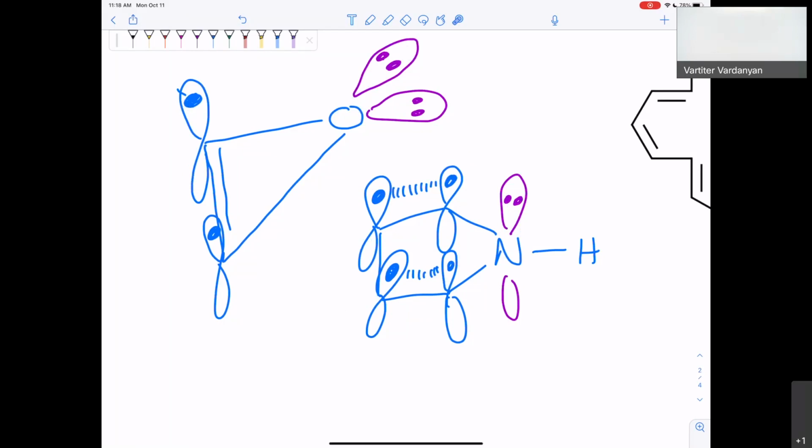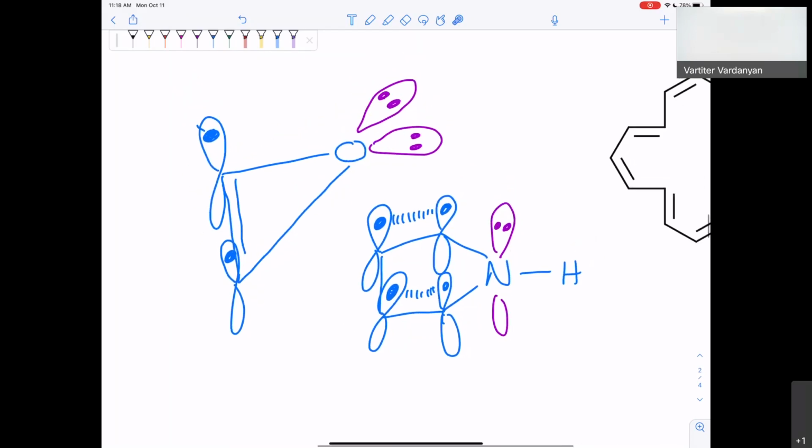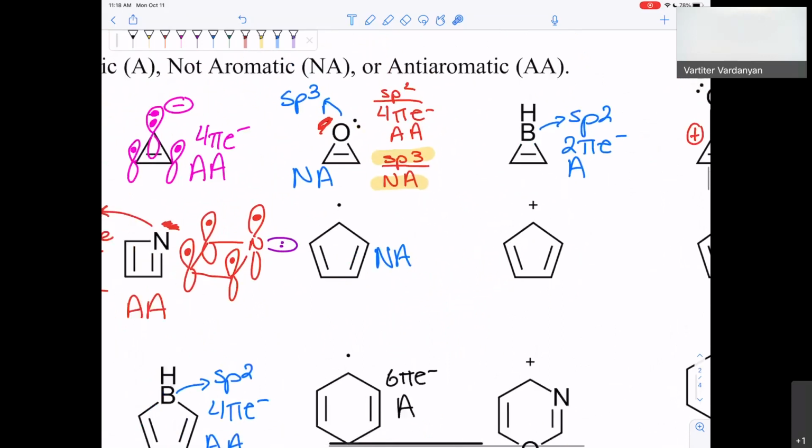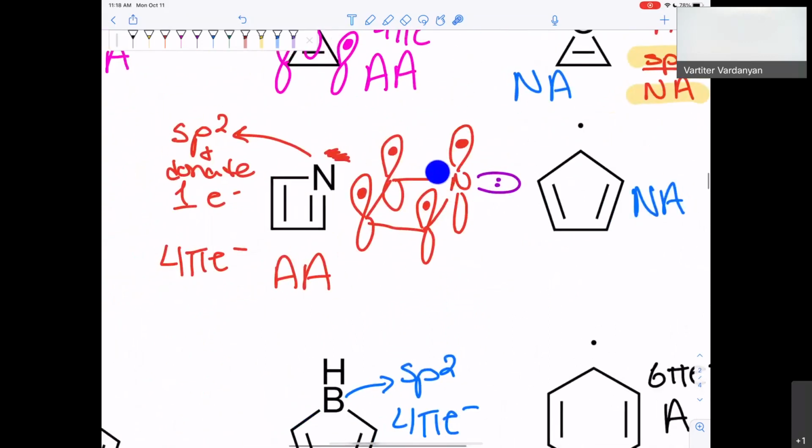If it's double bonded into the ring, it doesn't have a choice anymore because this orbital is part of a double bond. So let me just draw out. This essentially just means that it's double bonded. So this is stuck. It can't move this orbital whatsoever. And then this orbital is stuck being flat. And since it's flat, it can't donate to the ones that are standing upright. Does that make a little tiny bit of sense? Or is it still like?